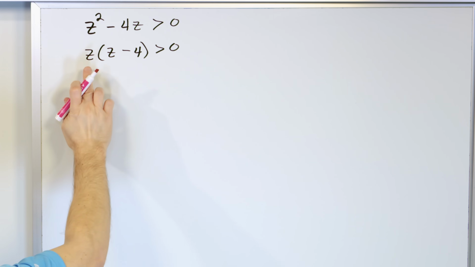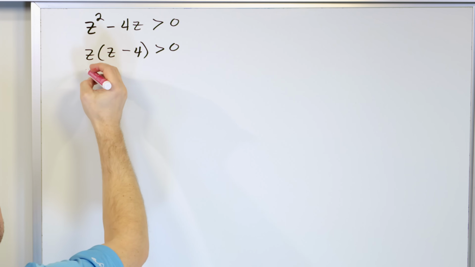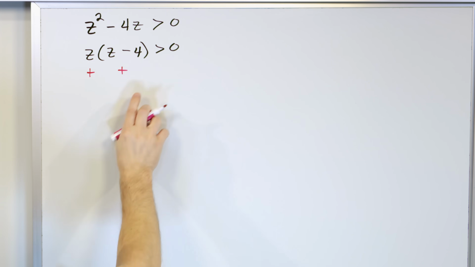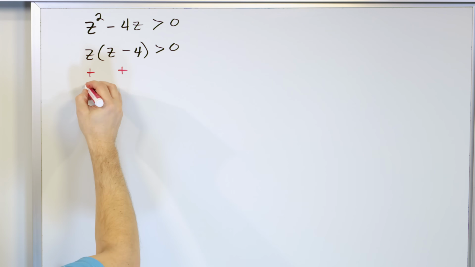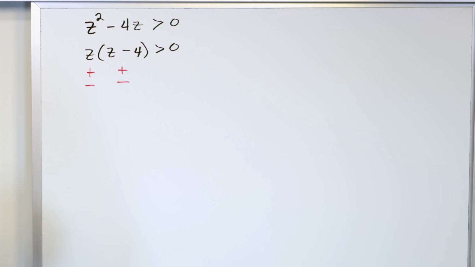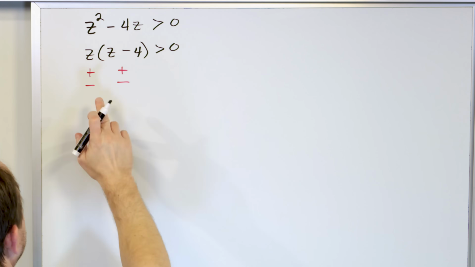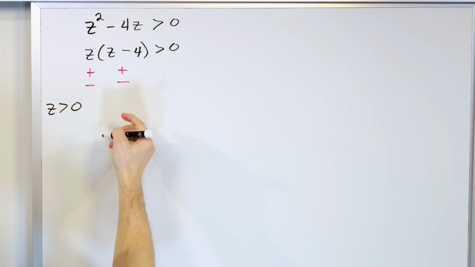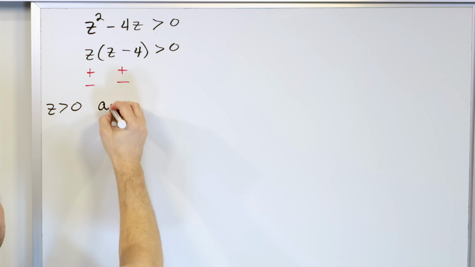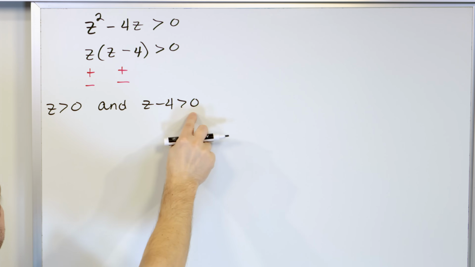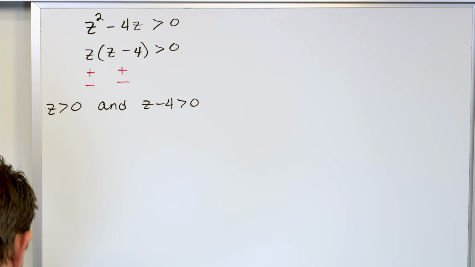So again, the only way you can make the product bigger than 0 is for the first term to be positive while the second term is also positive, giving you a positive number. Also, the first term can be negative while this term is negative, and multiplying together that also gives you a positive. So then we just take each case separately. In the first case, z can be bigger than 0, and at the same time, z minus 4 can be bigger than 0, so they're both greater than 0.